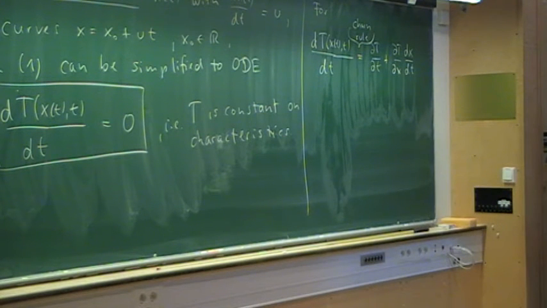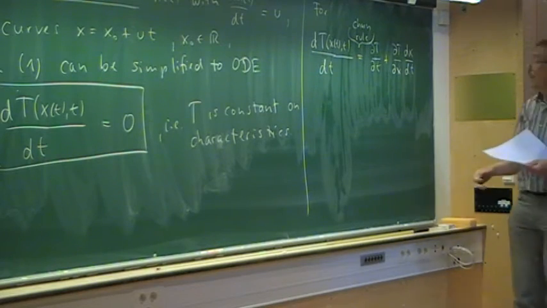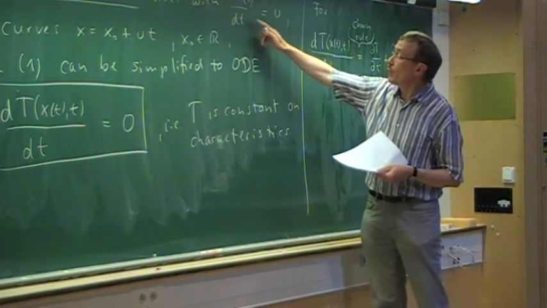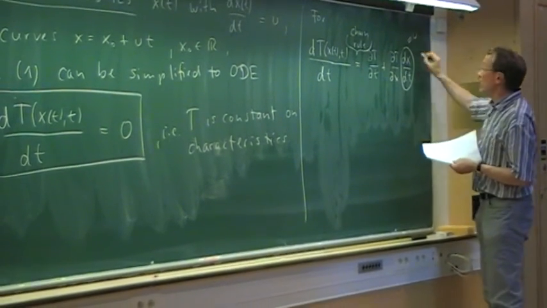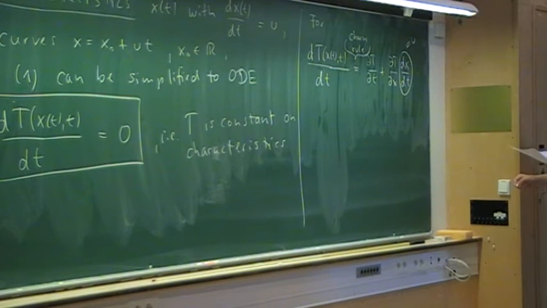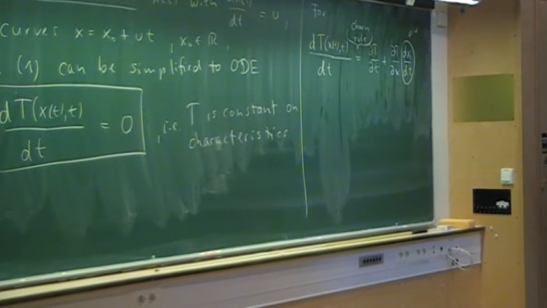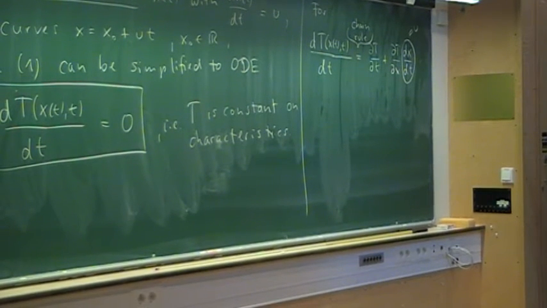And then we use the fact that we are assuming that we are on a characteristic. That means that this slope is equal to U. So it means this is equal to U when we are on a characteristic. And then we have assumed that T is an exact solution of our linear advection equation.